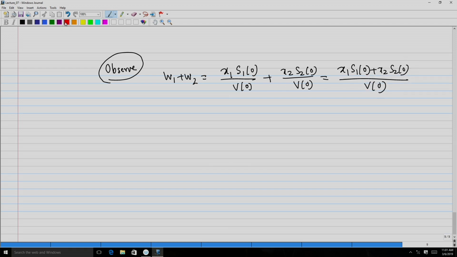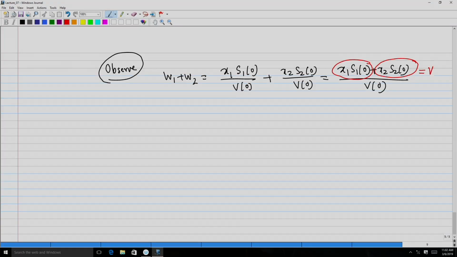Now, here as you recall, x1 S10 is your total investment in the first stock, and x2 S20 is the total investment in the second stock. So, obviously, the sum of this must exactly match the initial amount of money that you had available for investment. So, that means this sum is going to be equal to V0, so this becomes equal to 1.